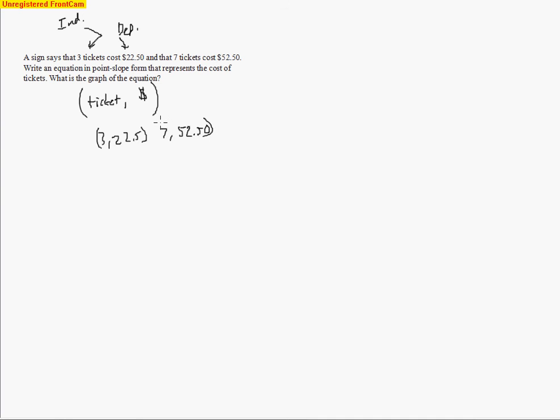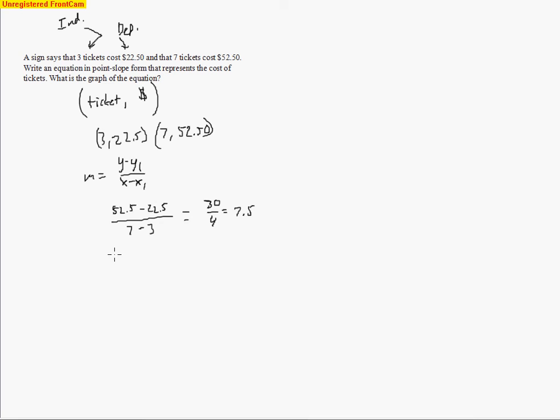And so I'm going to go ahead and set up my slope formula, which is y minus y1 over x minus x1. So I substitute in, I've got 52.50 minus 22.50. And then down below, I'll end up doing 7 minus 3. So when I go ahead and do some of that work, it looks like I'm going to end up with a negative 30, or actually positive 30, since I've got more positives than negatives, over 4, which reduces down to 7.5.